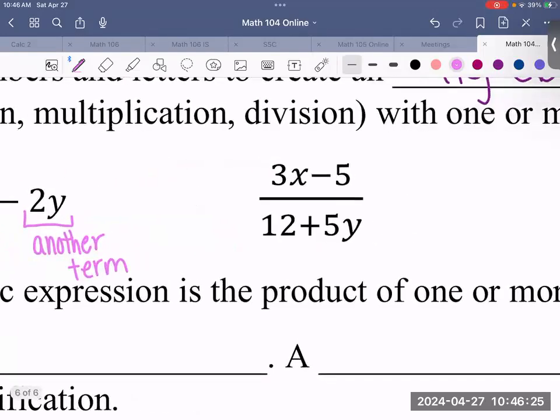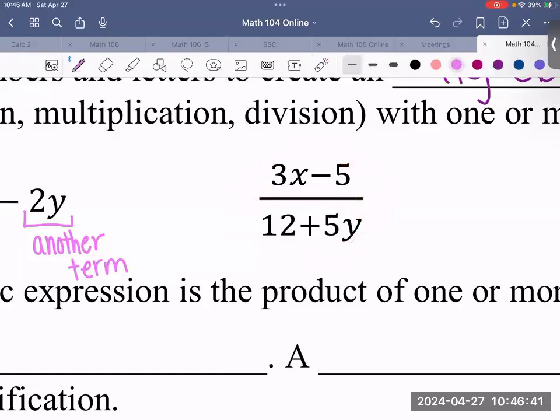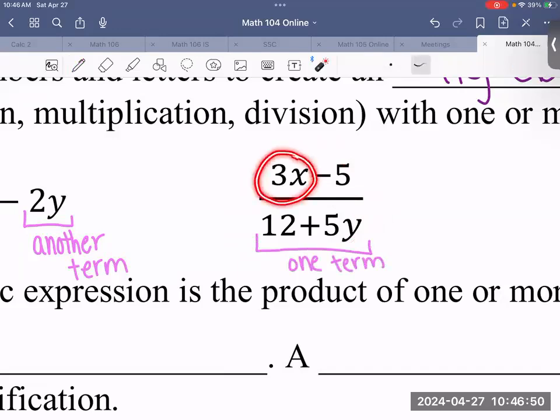Now here, how many terms do you have? Now this one is a little tricky because yes, there is addition and subtraction, but within this whole thing, because it's all being divided by this portion here, this is actually going to be one term. Now, if you do break it up so that this 3x has this one minus this one over this one, then it becomes 2 terms and it becomes split up.